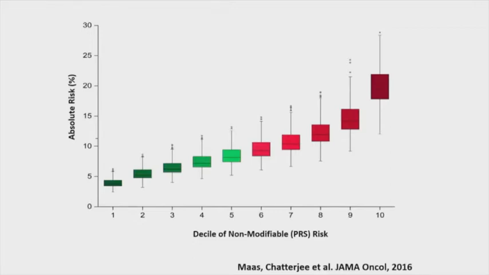Here's data from Nilanjan Chatterjee and others from the BPC3, looking at 10 deciles of polygenic risk score for breast cancer, and then looking at absolute risk of breast cancer according to high versus low risk associated with non-modifiable or lifestyle risk factors.